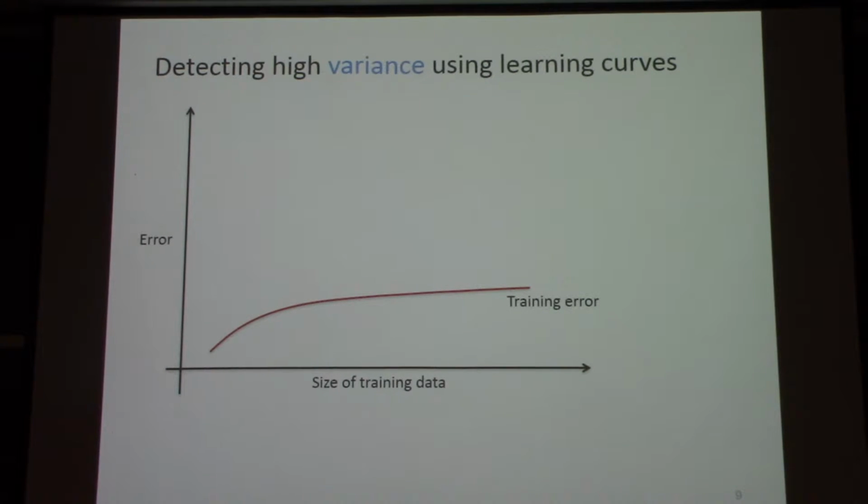This is just a cartoon picture, so I don't necessarily expect training error to keep going up, but in general, when you have very, very few examples, your classifier can explain those examples very well. Because if you have only 3 examples, your hypothesis space is probably expressive enough to just remember those 3 examples. As you get more and more data, the classifier settles into some training error.